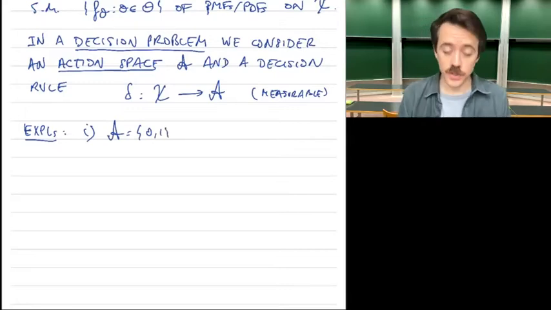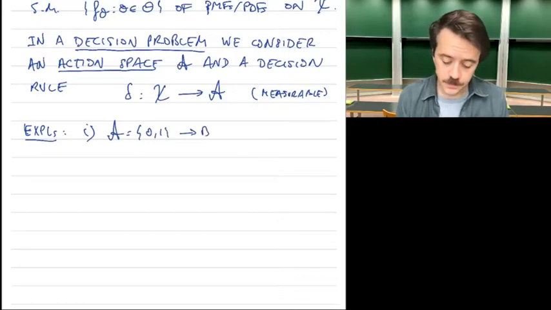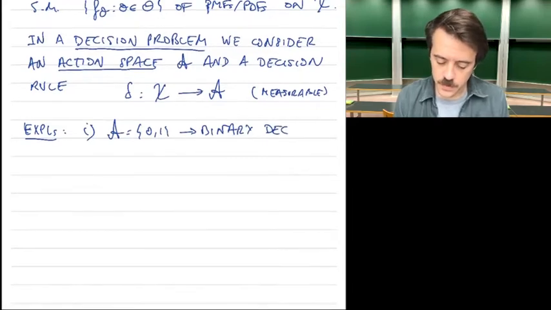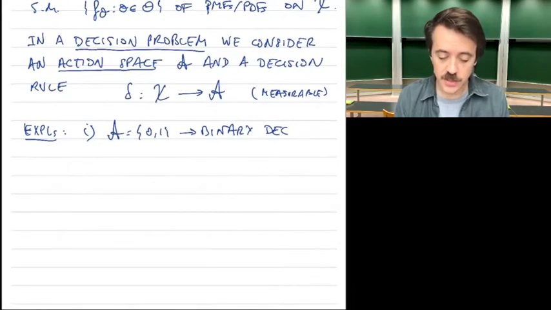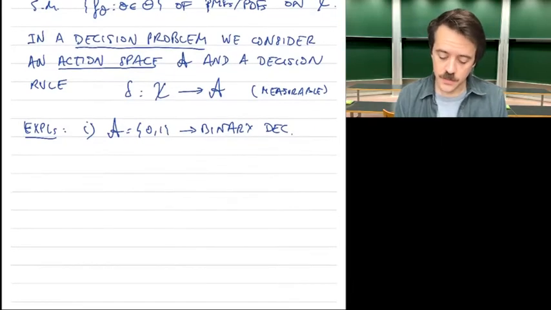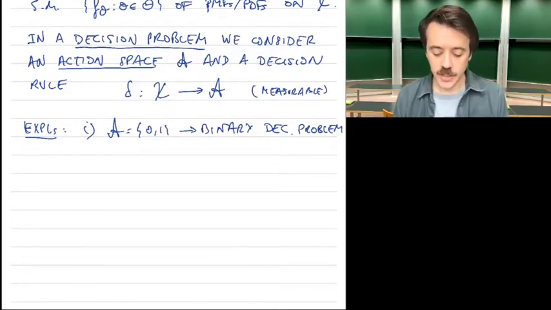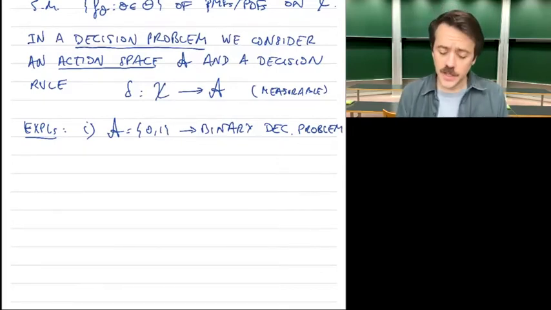So this is what is called a binary decision problem. So let me shorten decision as DEC. Binary decision problem, just simply because it's going to appear in a lot of places.